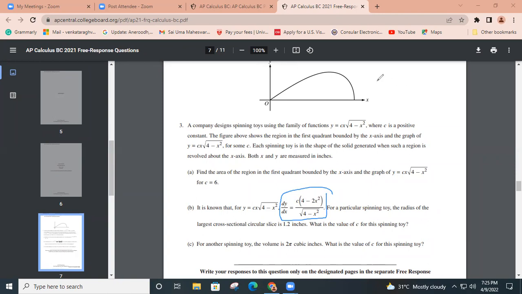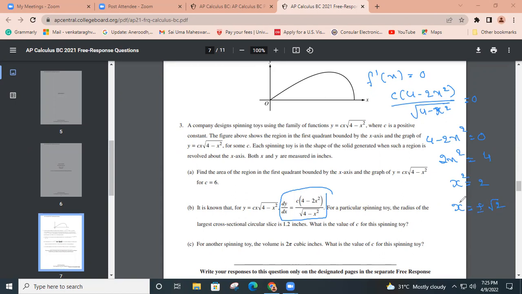So put f dash x equal to 0. c into 4 minus 2x square over something should be 0. So 4 minus 2x square should be 0. 2x square is 4, so x square is 2. So x is plus or minus root 2.